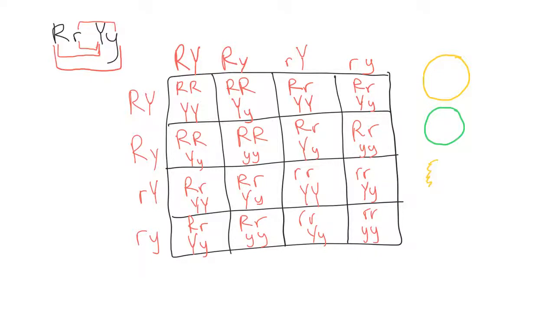They could be wrinkled and yellow. And they could be wrinkled and green. And so we want to know what proportion, or what's the probability, of getting each?